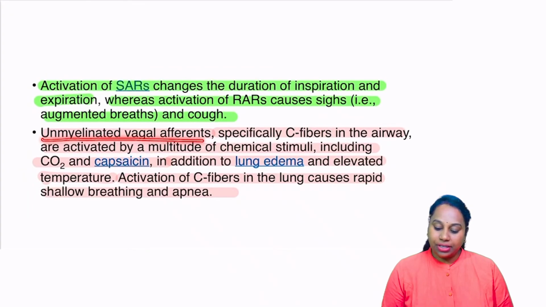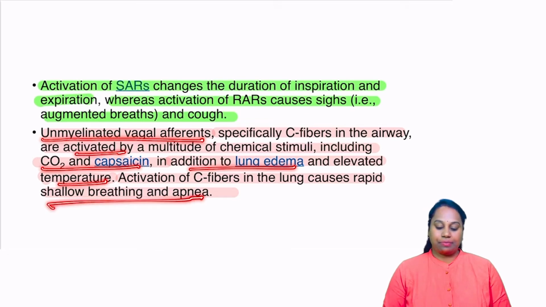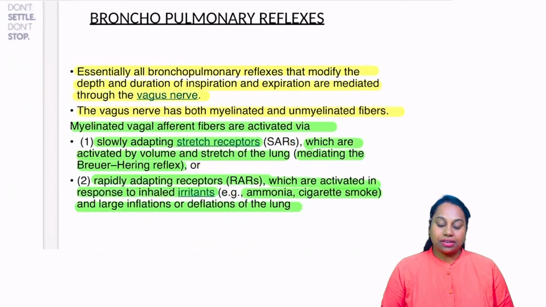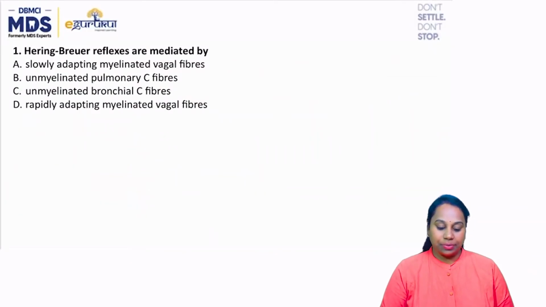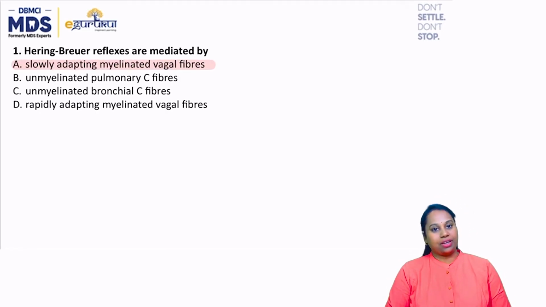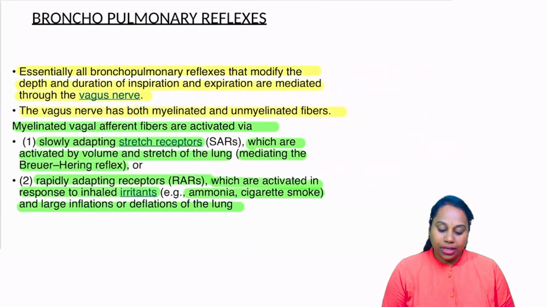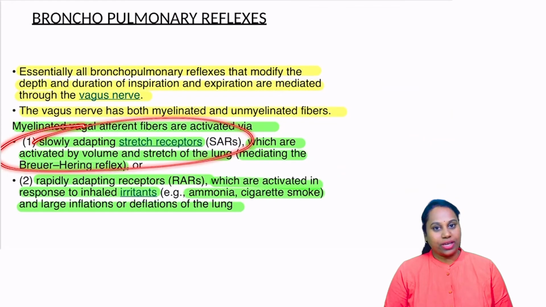Unmyelinated vagal afferents are activated by carbon dioxide and capsaicin and also by lung edema and elevated temperatures, and they cause shallow breathing and apnea. So, moving back to the question, Hering-Breuer reflexes are mediated by slowly adapting myelinated vagal fibers.